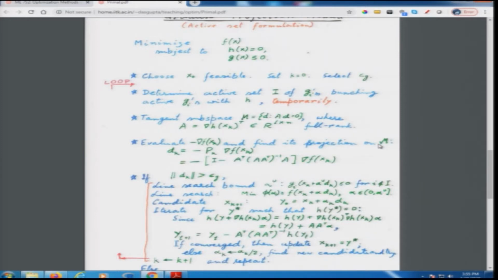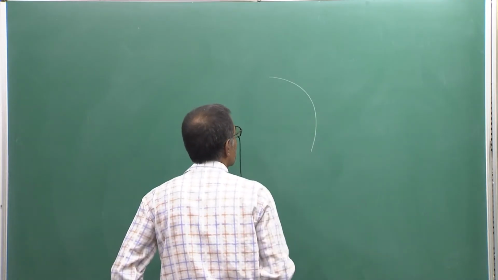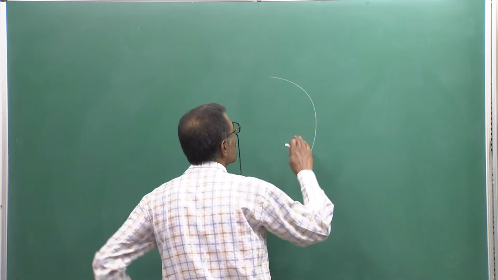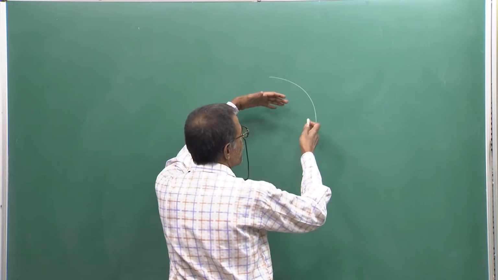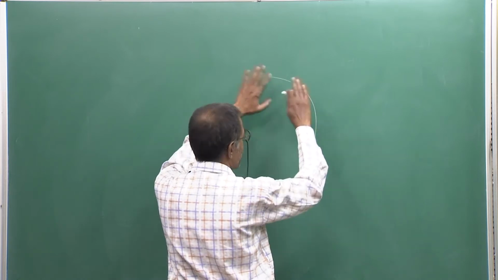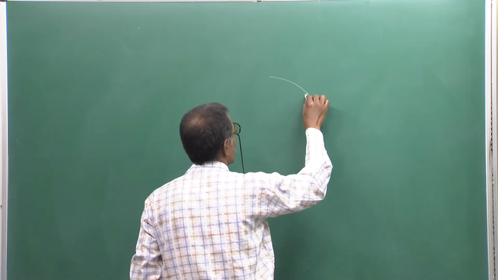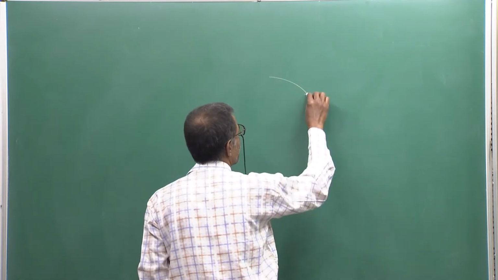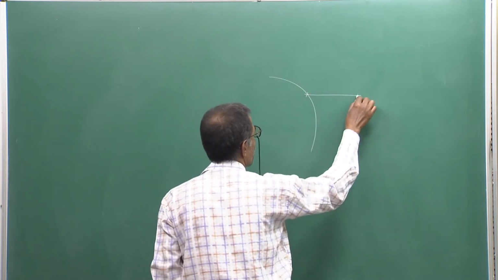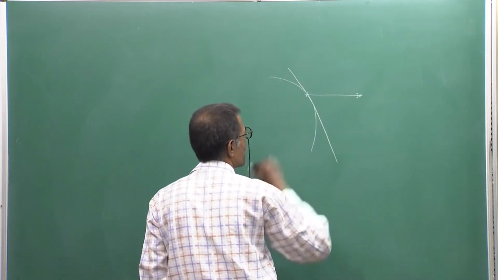Here again, have a look at a little picture. Suppose this is the constraint surface, actually a multidimensional constraint hypersurface, but here we are showing it like this, and this is the current point. Now, the gradient of the function has nothing to do with this, so it could be as well this, and this is the tangent subspace.